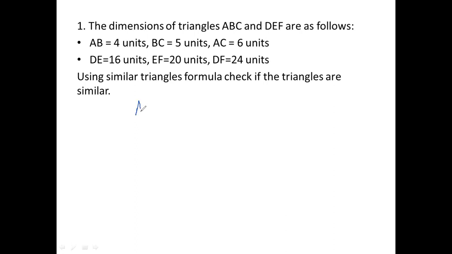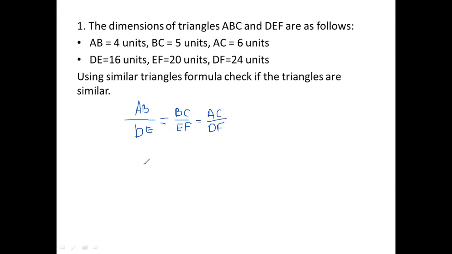So we should find that AB over DE equals BC over EF, and that equals AC over DF. If this is true for all of them, that means that the triangles are similar.